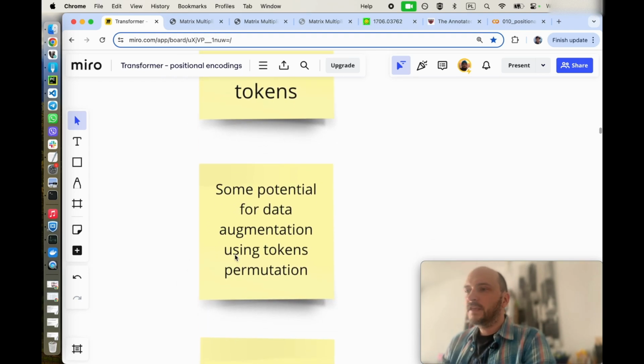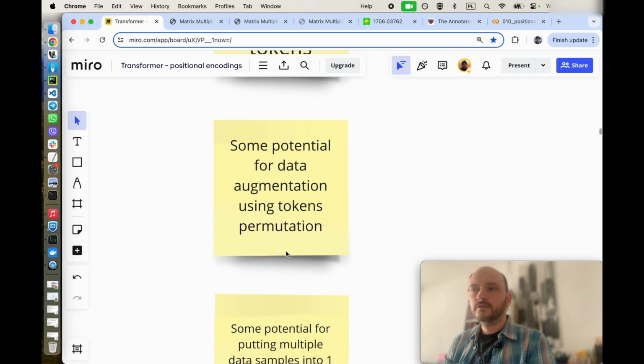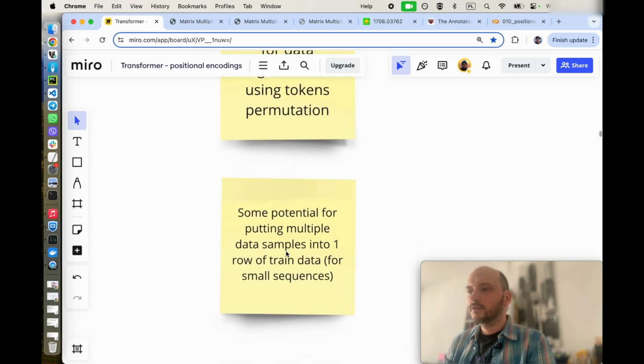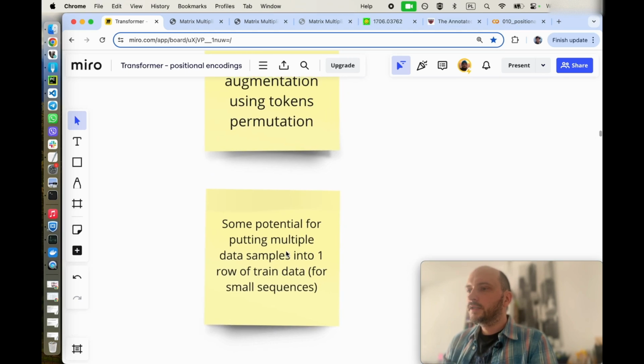Also, if positional information is inserted in the token embeddings, potentially we can reorder the tokens in the sequence, thus doing data augmentation and training the model with this augmented data. I'm not sure if the authors tried that, but there is some potential for that. Also, if, for example, we have a sequence length of 500 tokens and our inputs are small, we can combine several inputs into one sequence.